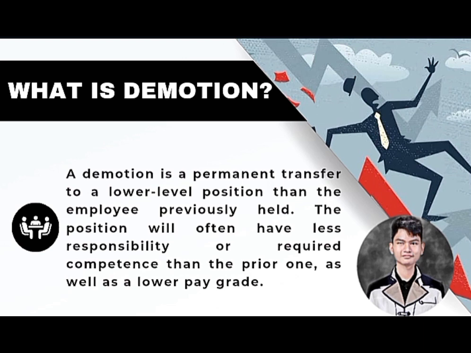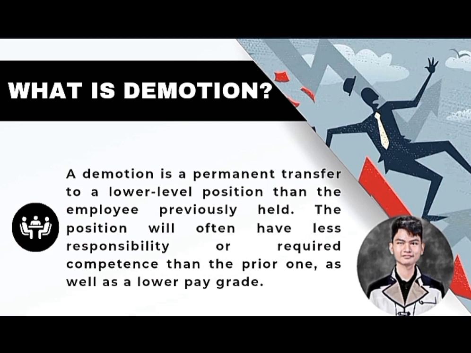So demotions can be voluntary or involuntary, and they can occur as a result of poor employee performance, position elimination, disciplinary actions, or organizational restructuring. A demotion in HRM allows a company to keep a valuable employee by returning him or her to his or her previous position.